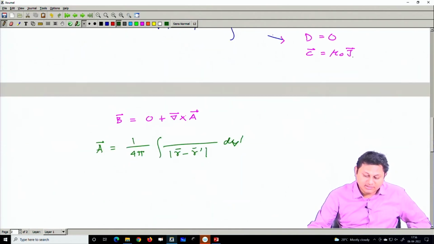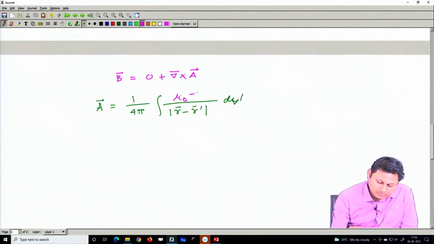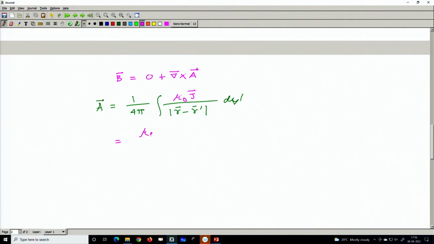So I need to put C, which is mu 0 j, here. Eventually my A becomes mu 0 divided by 4 pi times the integration of j, a function of r prime, divided by r minus r prime, dv prime.